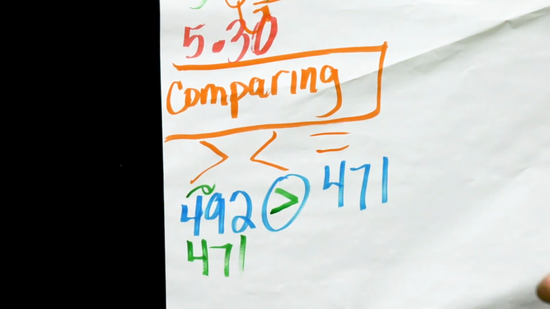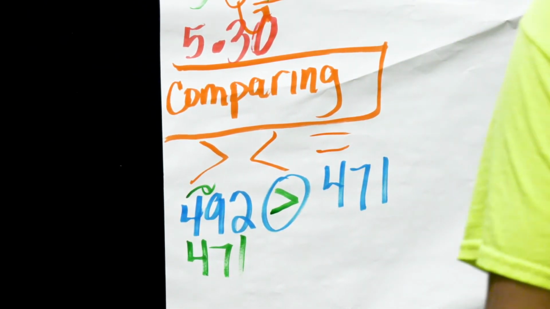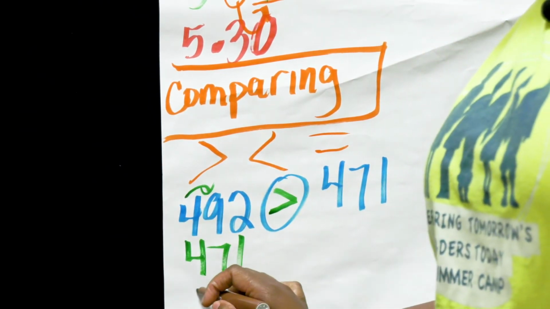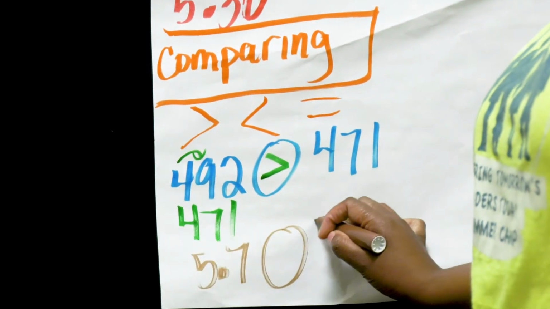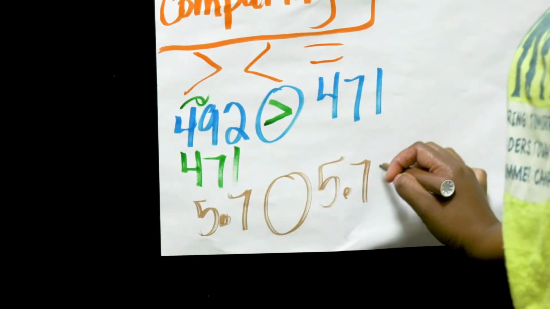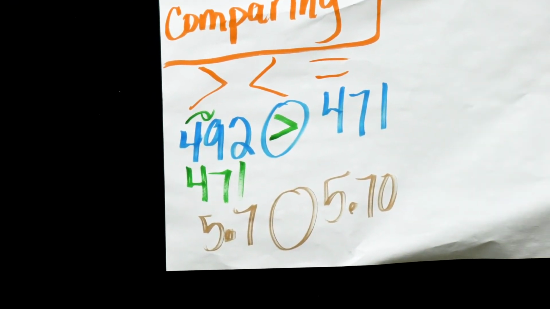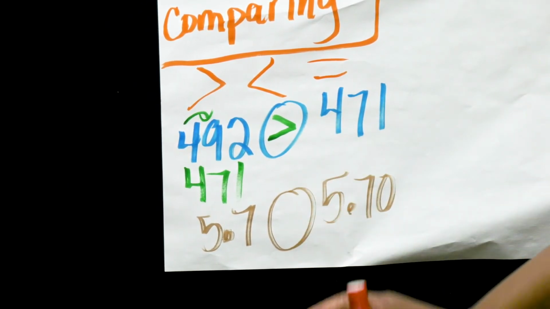And the last example I'll do would be a decimal example. So let's say we have the number 5 and 7/10 compared to 5 and 70/100. Okay, this time I'm not going to line it up. I'm just going to look at it with my eyes and make that correct observation.